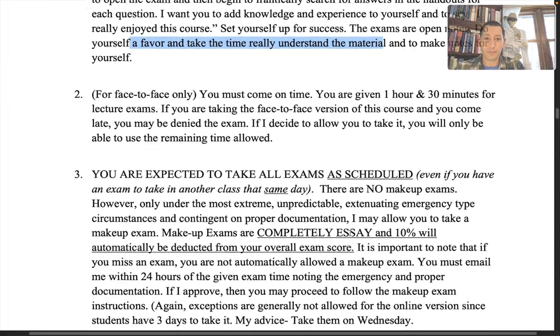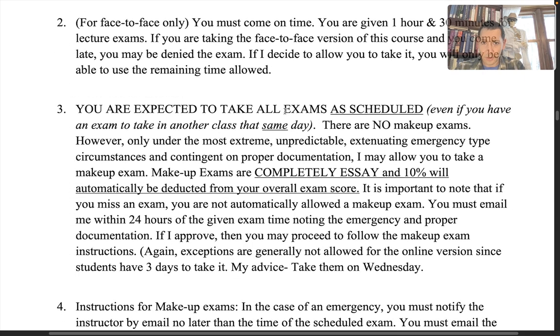All right. All exams are expected to be taken as scheduled. This bullet here is generally for face-to-face. There's no makeups or anything like that. Now, I guess there could be a scenario where someone is hospitalized for a whole week or several weeks.